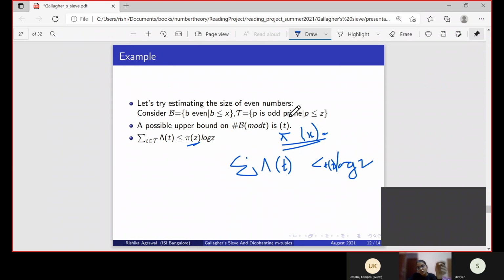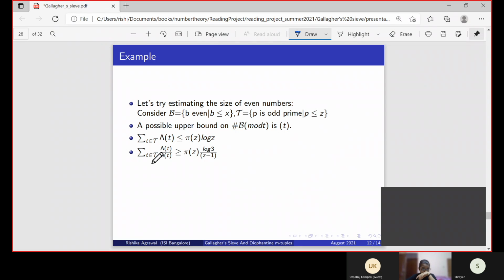Because we have removed 2 and are just considering odd primes, we can again consider this as pi z minus 1. It would be a nice exercise for those who are interested to try to do this again with better bounds. Maybe just including these minus 1s here can make things a little better. I don't say that they will, but they may.